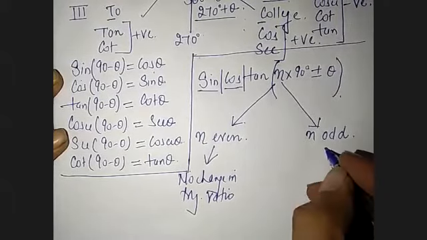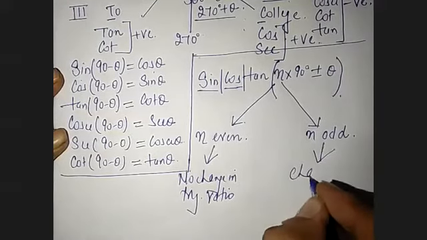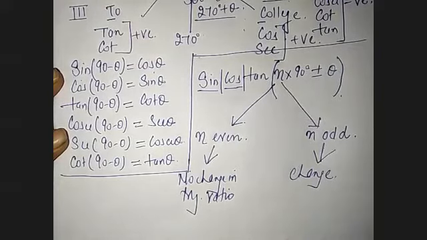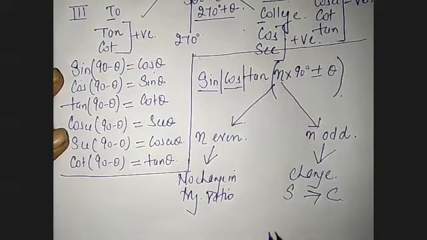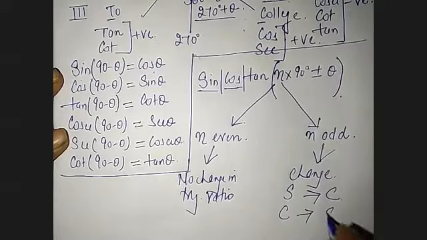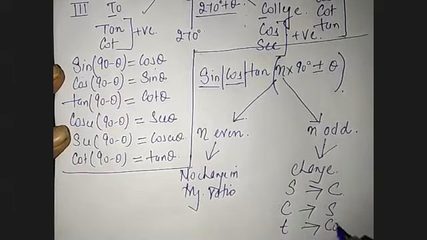And if n is odd, we will change it. Sine will change to cos, cos will change to sine, and tan will change to cot, and vice versa also.